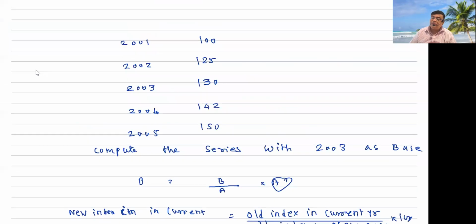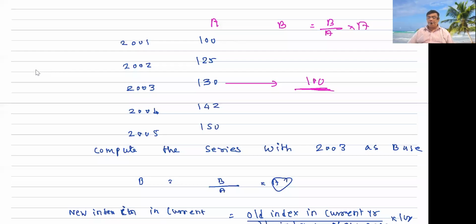अभी करते समय ये जॉब बहुत सिंपल है, एक्चुअली प्रैक्टिकली ये बहुत सिंपल है. Call this A, call this B, B equals B over A into A. अभी रिमेंबर this index is bound to be 100. This is obviously 100. Now what I will do is that this is b upon a into 100.